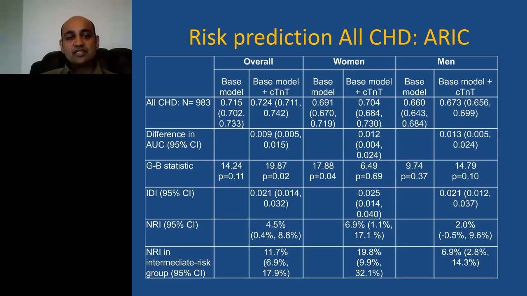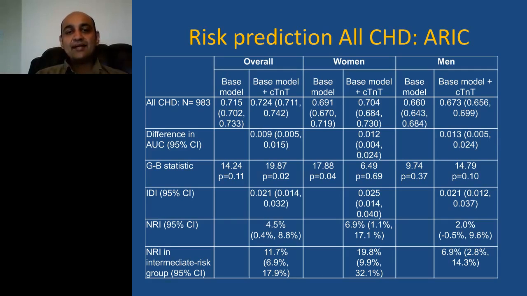For these, we use various statistical tools. For the discrimination test, we use things like differences in AUC, or the area under the curve. We also use other things such as IDI. We also use other things such as the NRI, which are all listed over here. Now, the NRI is one of the newer tests that have come up as far as statistical knowledge goes, and it stands for Net Reclassification Index.